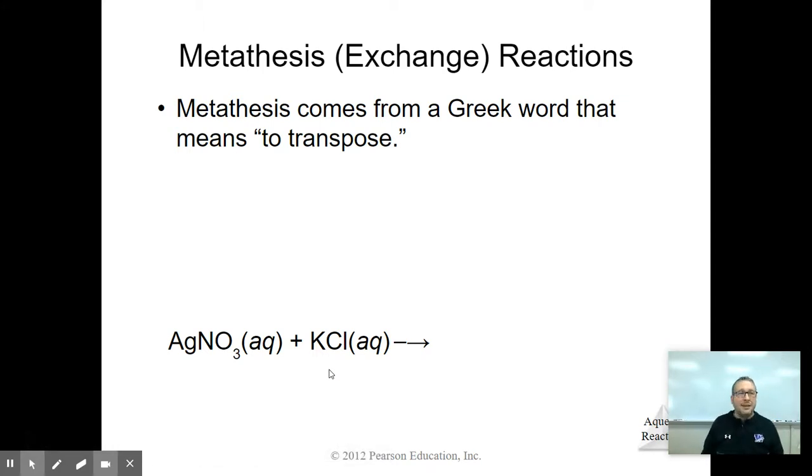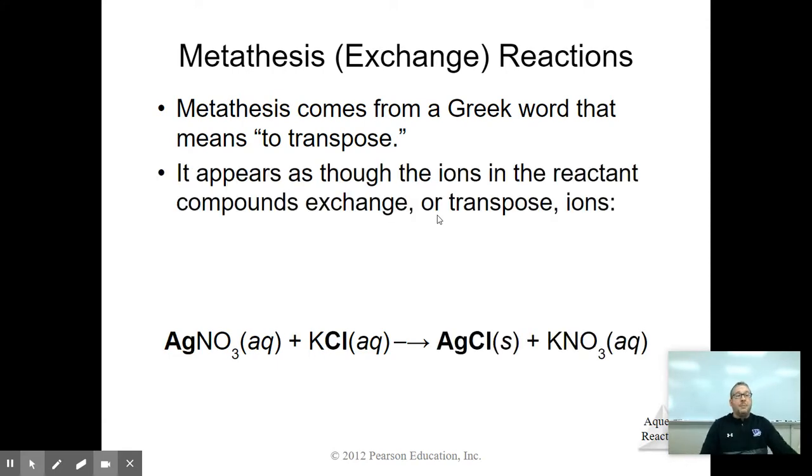Another name for metathesis reactions is exchange reactions. That exchange is important. Metathesis comes from the Greek word that means to transpose. When we have a reaction, it appears as though the ions in the reactant compounds exchange or transpose ions. I like to call this type of reaction a do-si-do reaction.